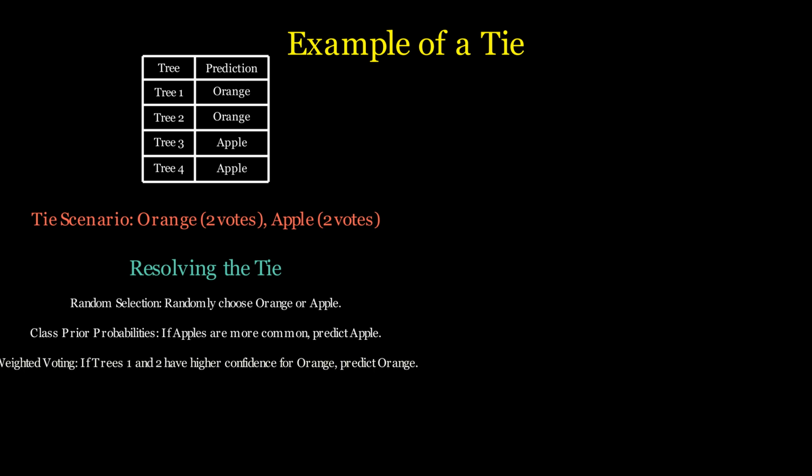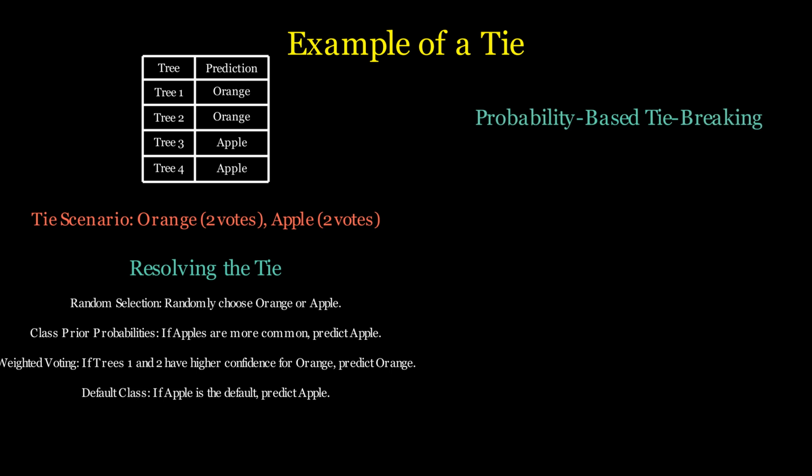In weighted voting, the algorithm considers the confidence of each tree. If trees 1 and 2 have higher confidence for orange, it predicts orange. Some implementations use a default class. If apple is the default, it predicts apple in case of a tie.